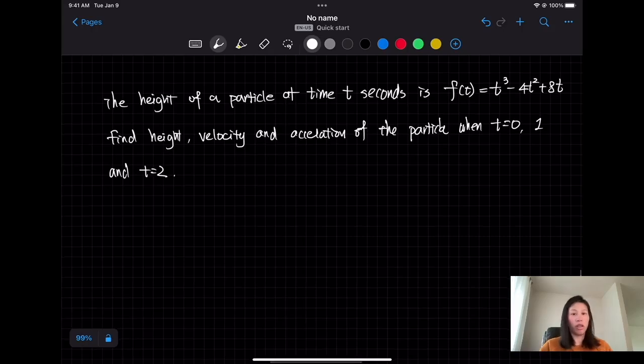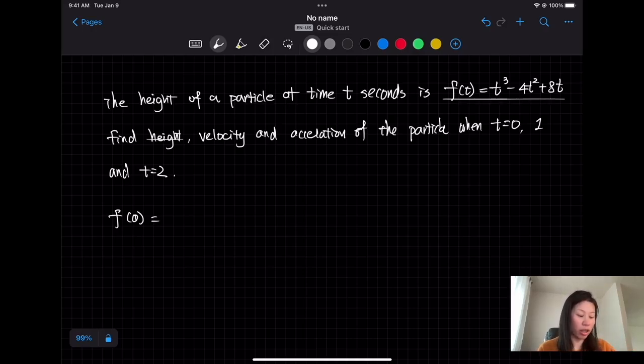Okay, so for the first one, finding the height. They're giving you a function. This function is a function of time, giving the height. You're given the time and you find the height. So when t equals 0, we just need to substitute 0 into the original function.